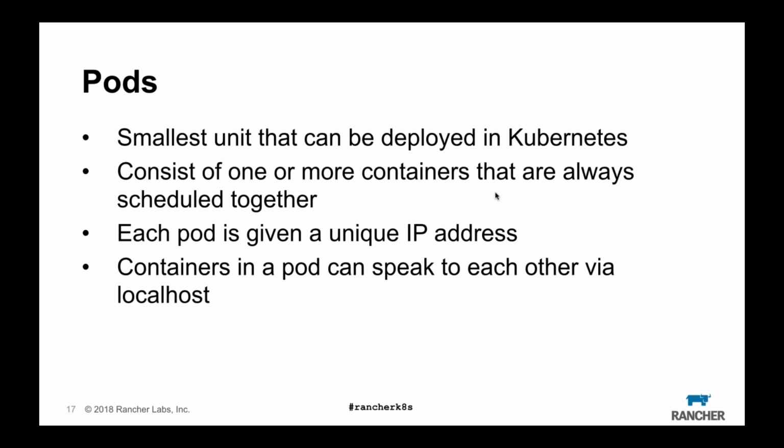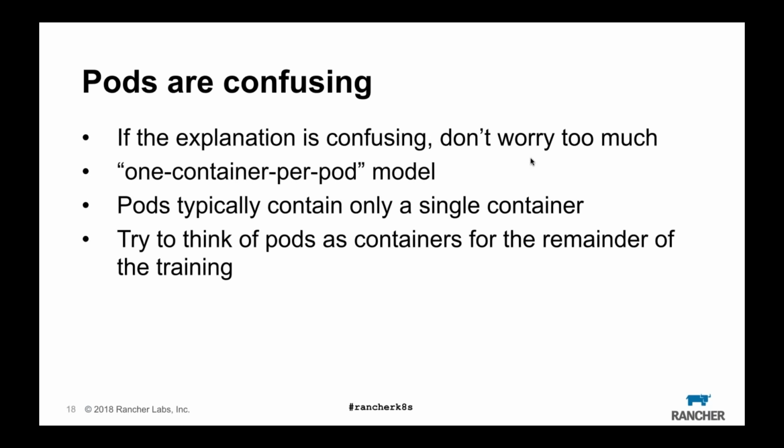Since the containers are co-located, they share the same network namespace, which means the containers in a pod can speak to each other via localhost. Now, coming from the world of Docker, this concept of having more than one container running in a pod can get a little confusing, but you don't need to worry about it because as per Kubernetes documentation, the one container per pod model is the most common use case for a pod.